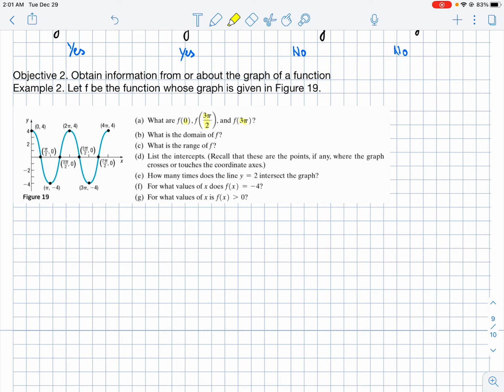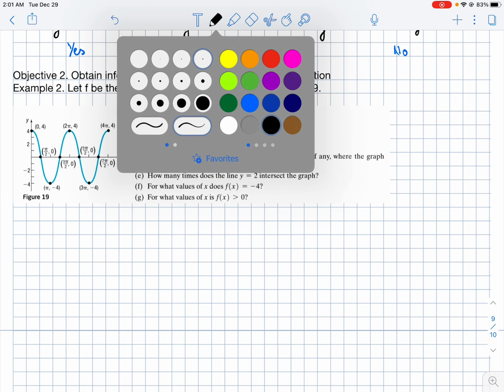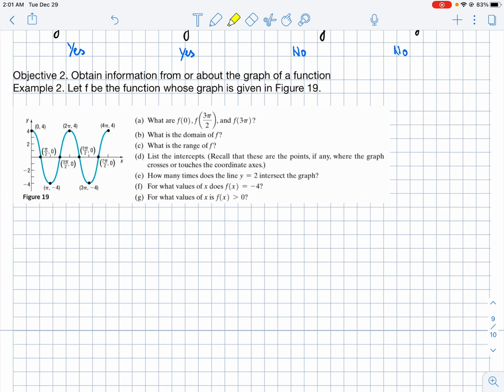So in terms of input and output, this means the input. F of 0: if you input the 0 into the function, what do we get? We get the output, right? So the output is the y, the input is the x. So now we look at the point that has the x part 0.